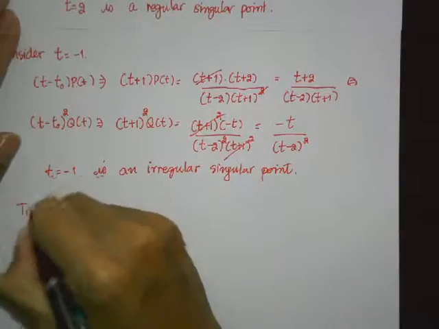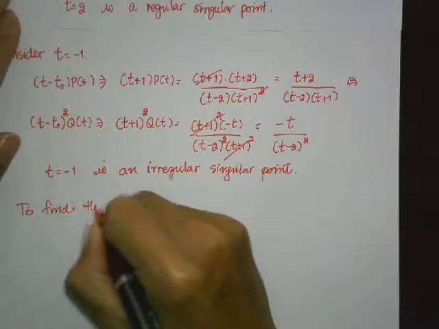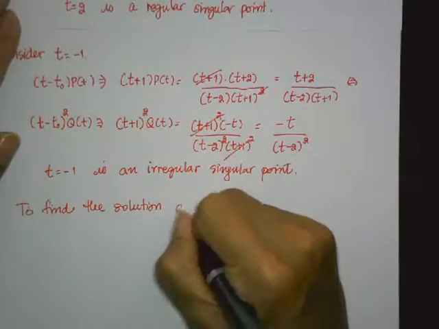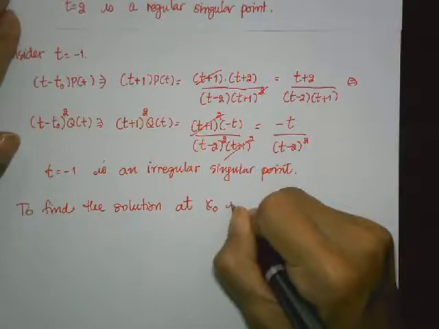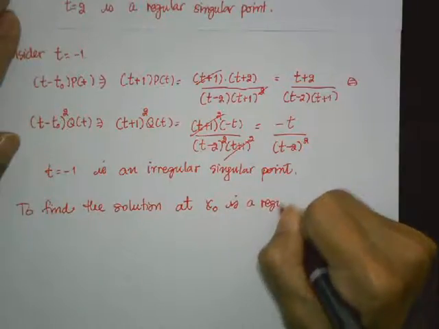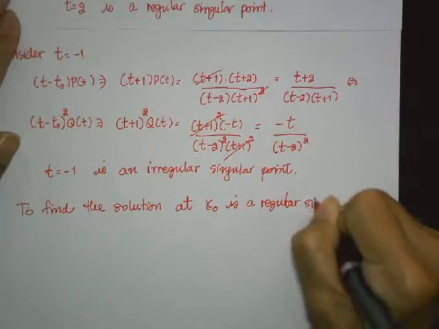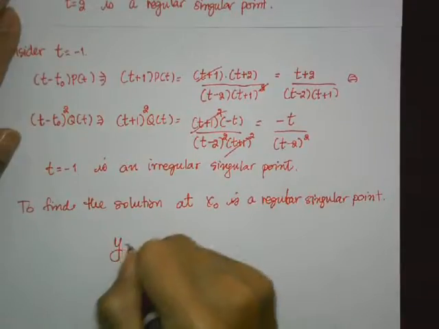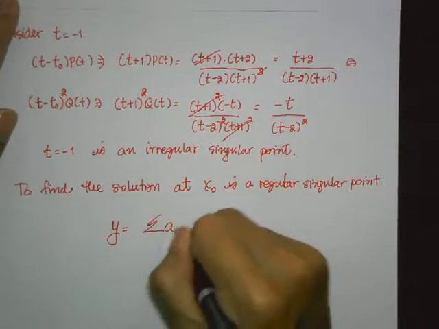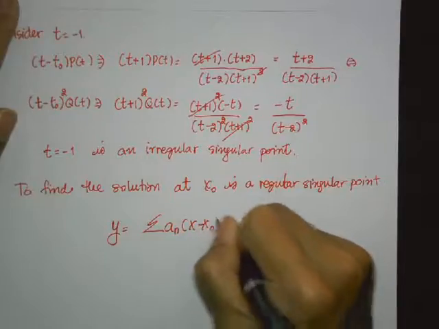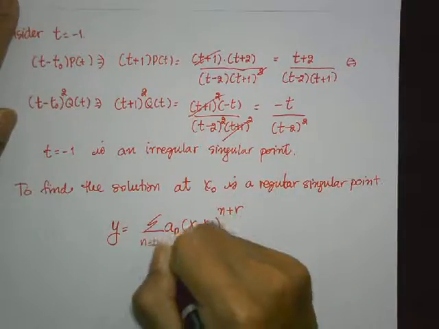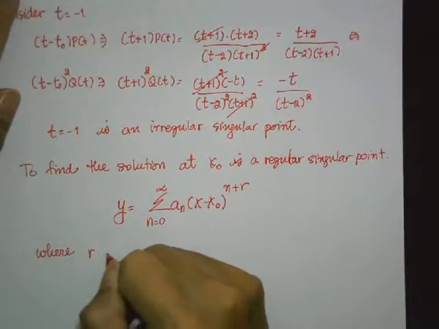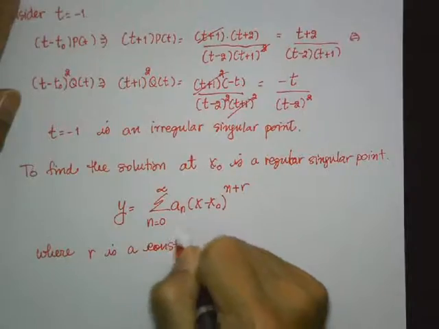To find the solution at x0, a regular singular point, we are going to assume y is equal to the summation of a_n (x minus x0) to the power n plus r, where r is a constant, and we've got to find r ourselves.